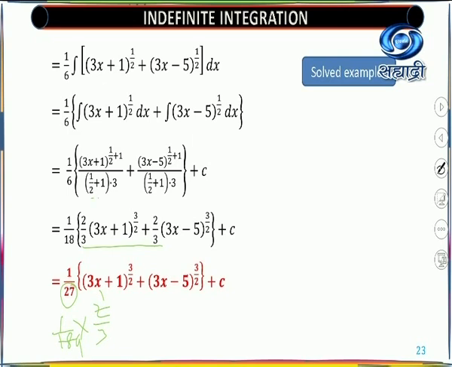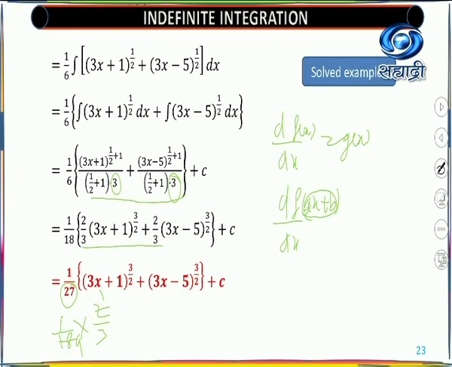Okay, now I told you that I will explain why 3 is here. What have we discussed? The derivative of f(x) is g(x). This you learned in derivatives. So what is the derivative of f of (ax plus b)? To find this, we did a substitution for ax plus b.